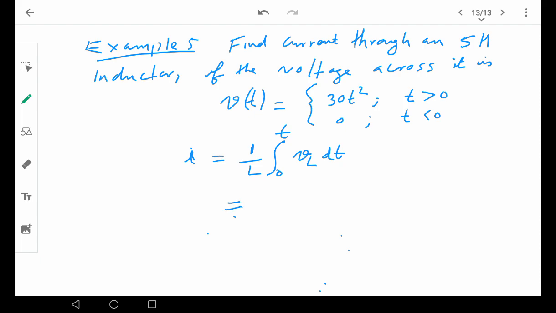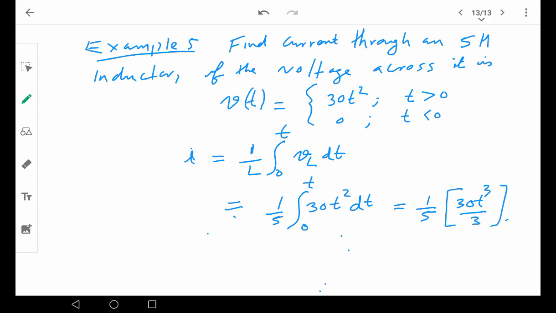That will be equal to 1 by 5 integral 0 to t of 30t square dt, that is 1 by 5 into 30 t cubed by 3, from 0 to t. So it will be 2t cubed ampere for t greater than 0, and 0 for t less than 0. That's how you find the answer for that question.